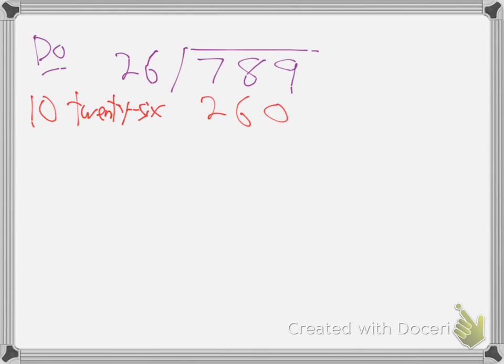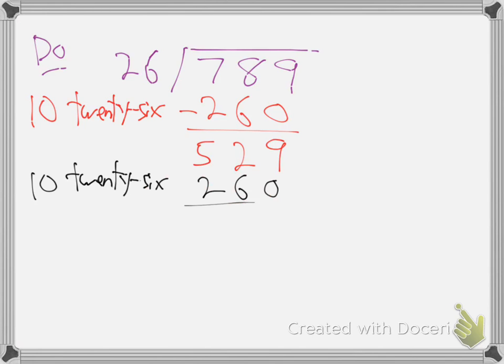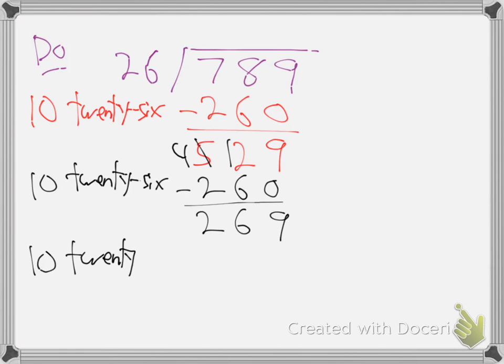So that'd be 260. Subtract 529. There's obviously more. I'm gonna do another 10. Another 10 26s. Another 260. What's that leave? 9. Gonna borrow here. 6. 269. I can do another 10. That's another 260.